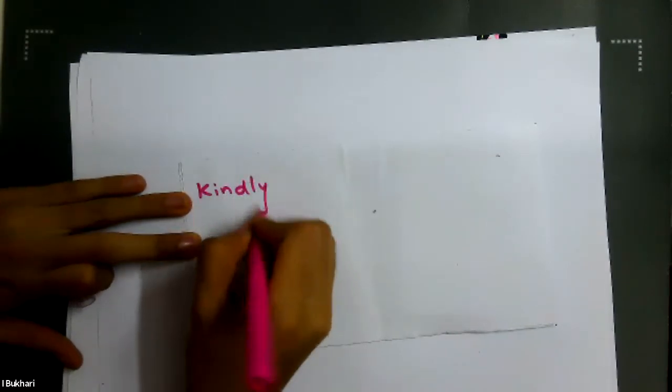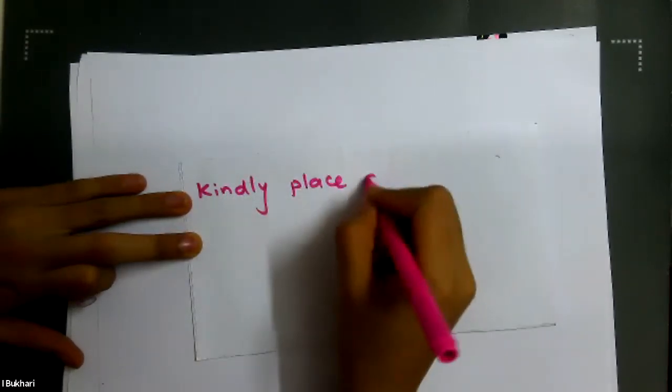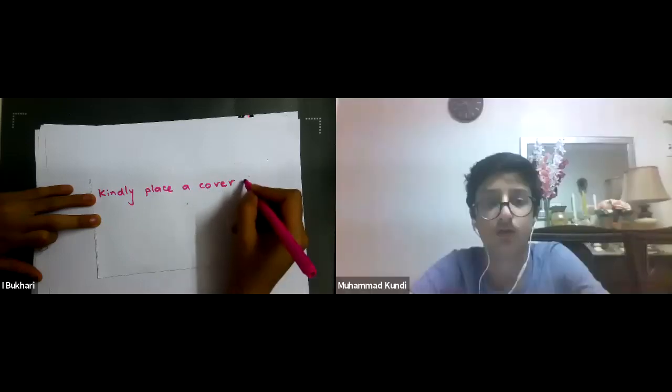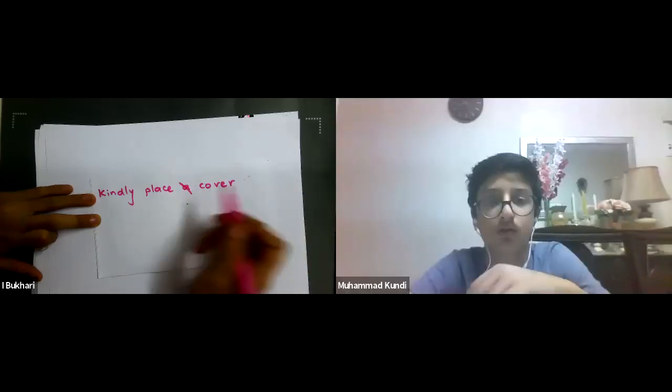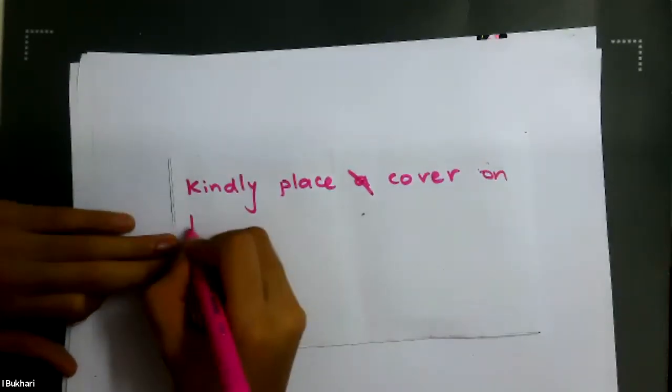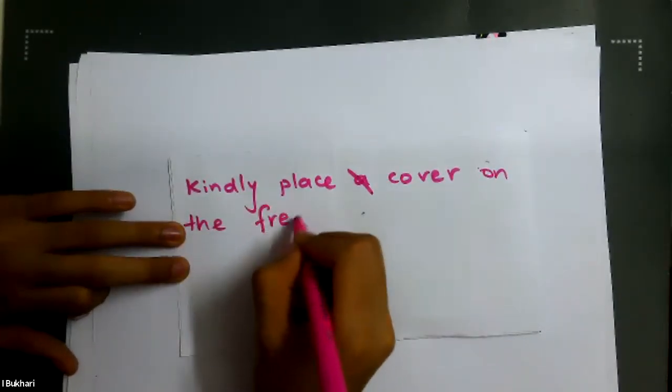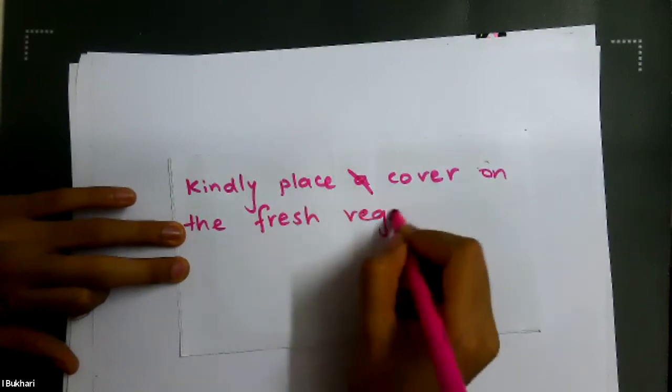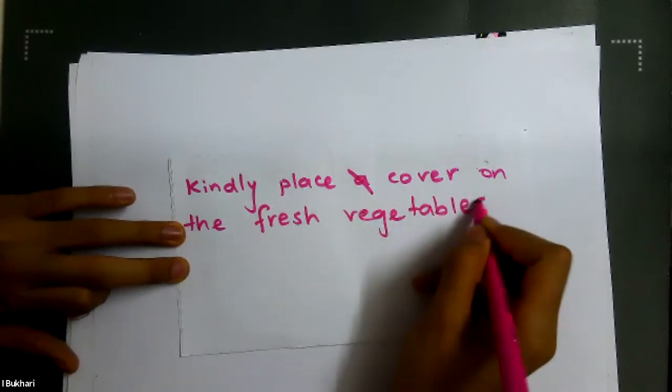So, kindly place a cover on the fresh green vegetables.